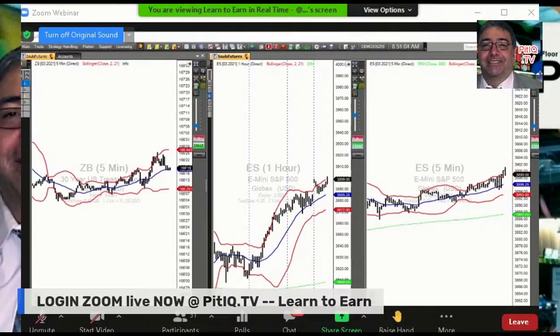As we have a nice rotation there off of our 01 entry point. Took no heat on that whatsoever. If you just played the 01 level straight up, or if you got in at 0.5, you're getting paid off here as well. So nice little rotation there off of our 01 resistance level.